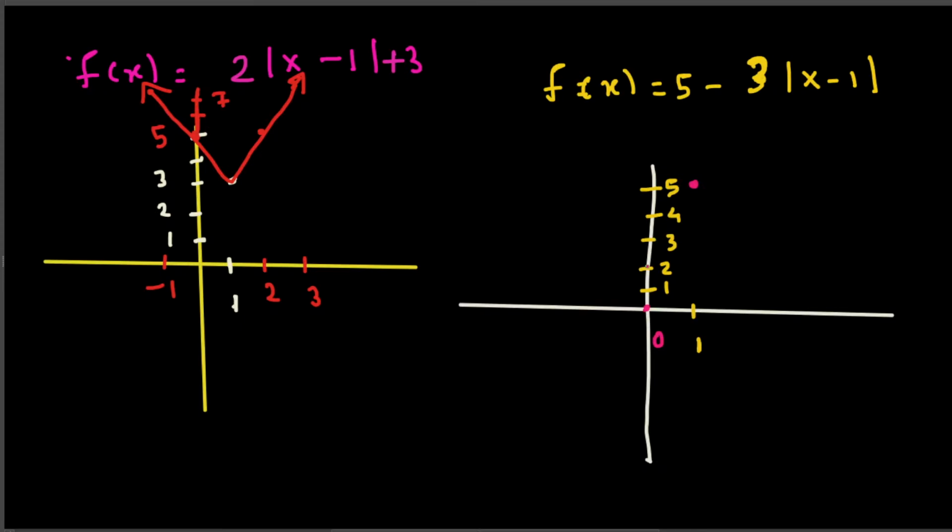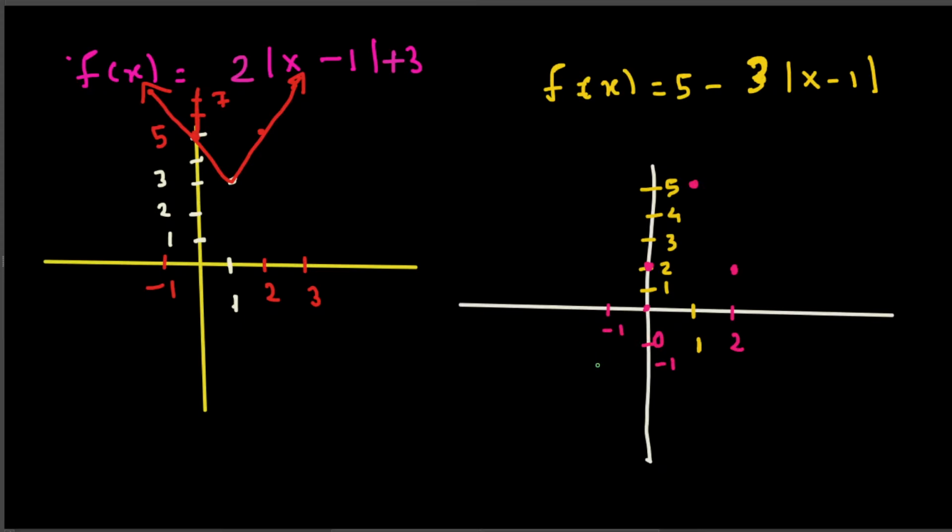So it's going to be right here. And when x is 2, it's going to be the same thing, at 2. And when x is -1, what's going to be the y value? It's going to be 2 minus 3, that's -1.